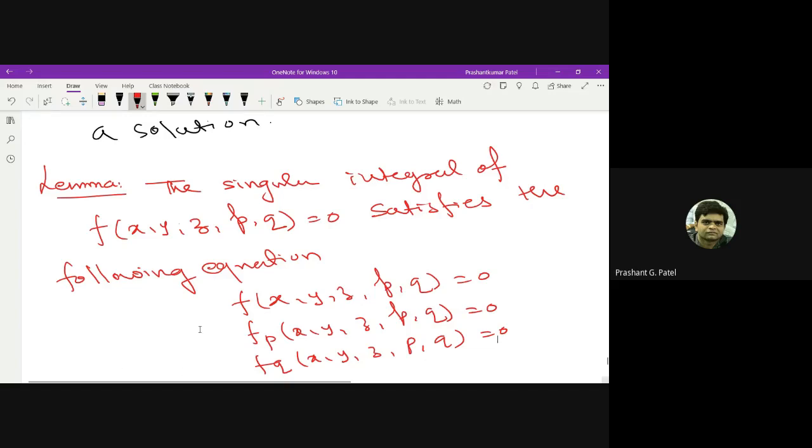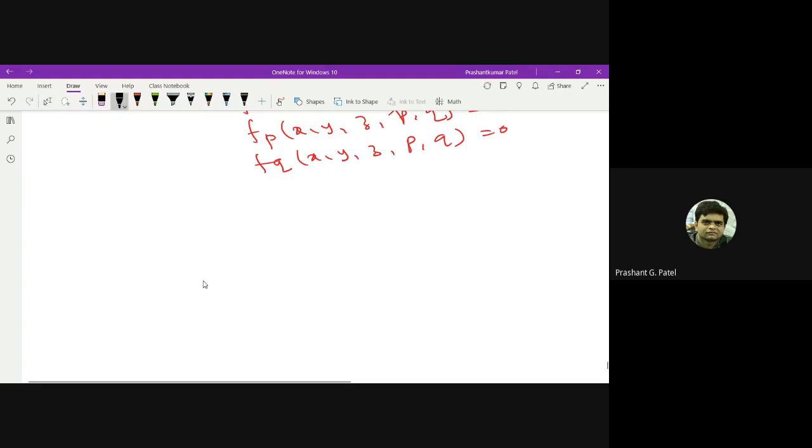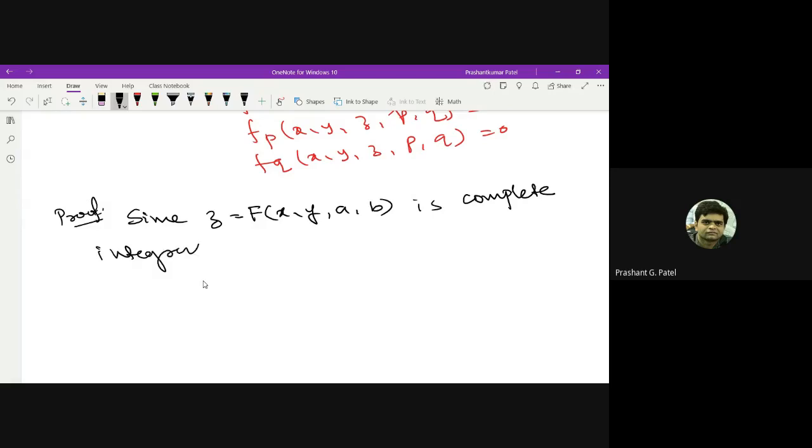Okay, let us give the proof for this. Since z equal to f of x, y, a, b is a complete integral of the PDE f of x, y, z, p, q equal to 0, what does it mean to be a complete integral?